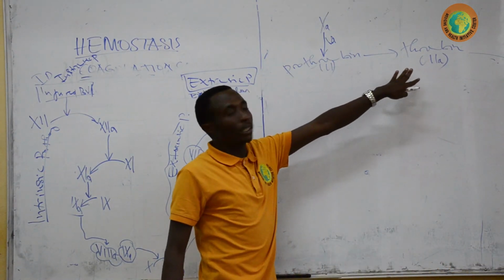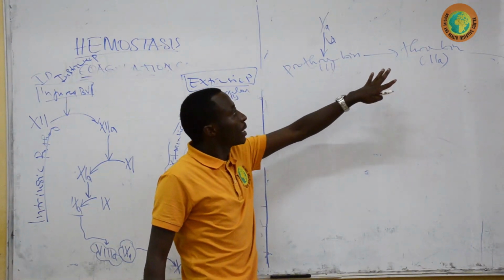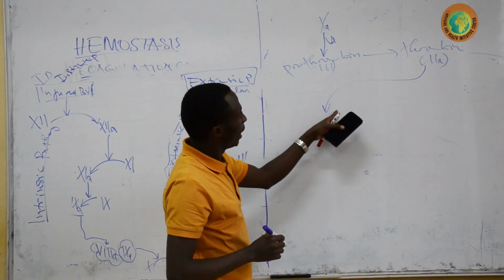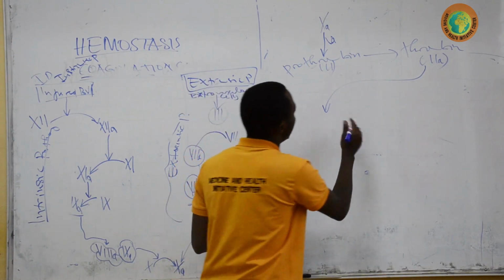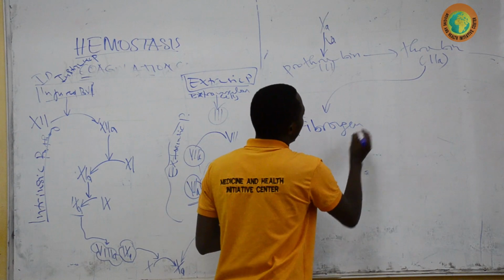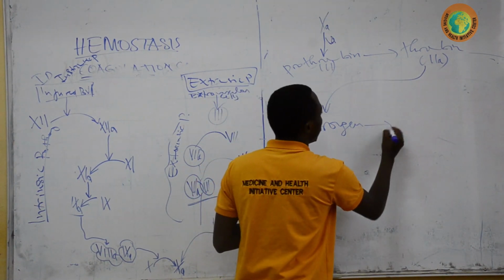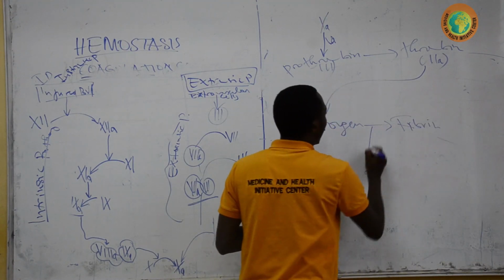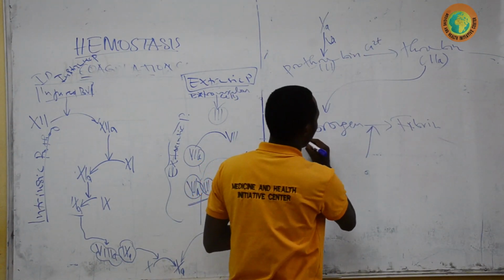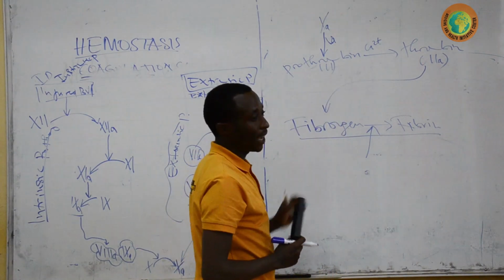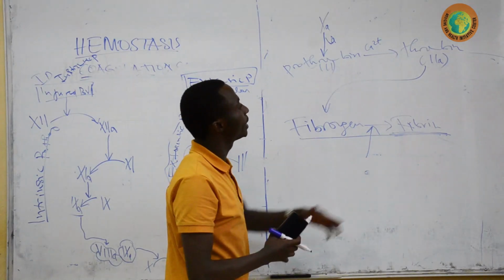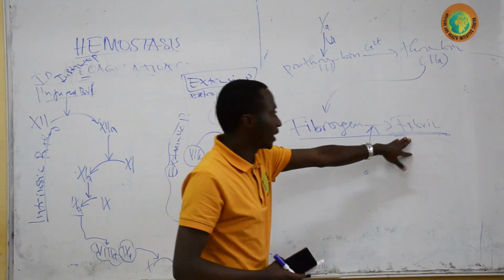Once activated, thrombin allows conversion of fibrinogen into fibrin, with the function of calcium ions, and then there is formation of fibrin, and this is the end of the coagulation cascade.